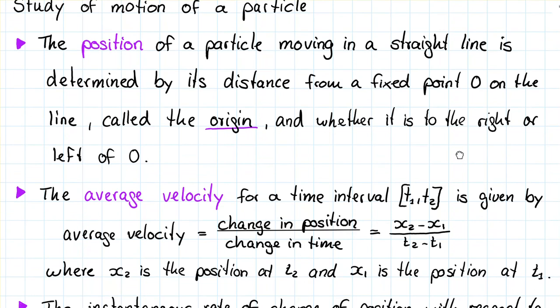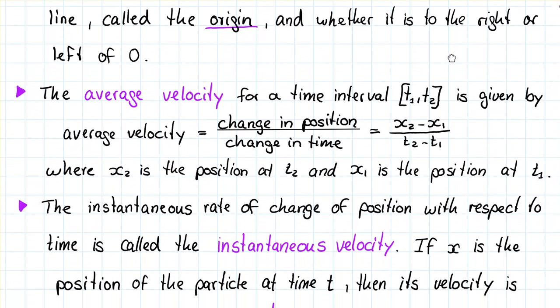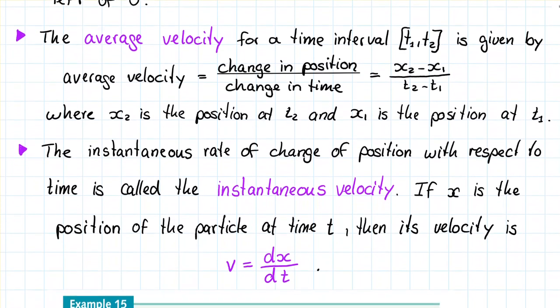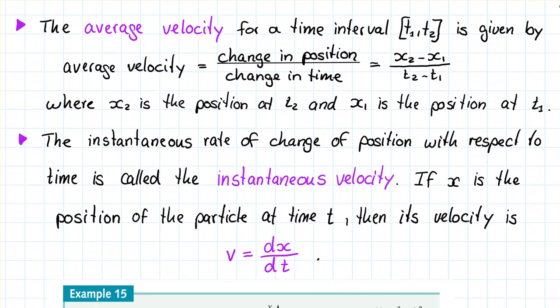The average velocity for a time interval t1, t2, so we're talking about a particle moving and that movement takes a certain time, and that interval starts at t1 and ends at t2. The average velocity of this movement of the particle is given by the change in position over the change in time, which is nothing else than a rate of change.